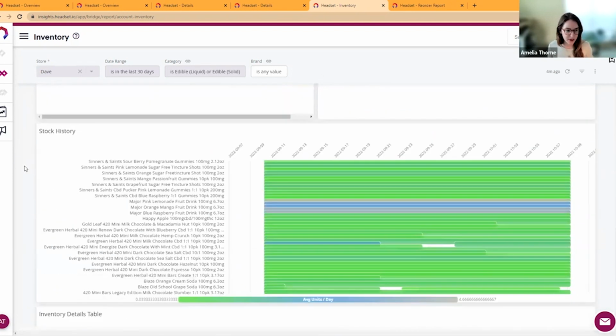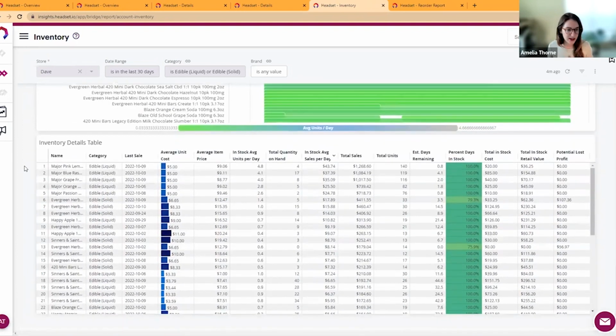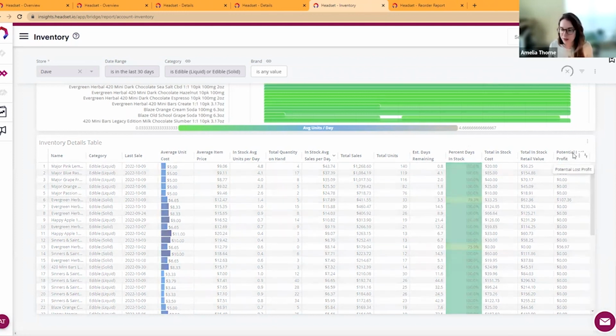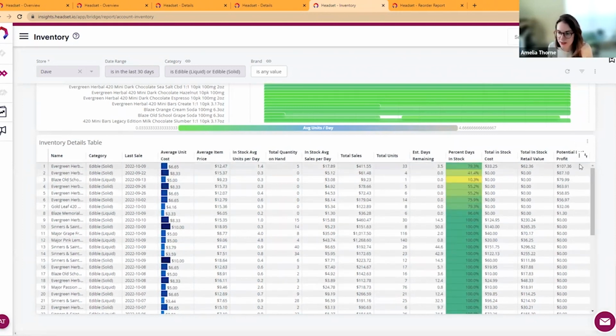Down here at the very bottom is our inventory details table. So this is another really awesome table. One thing that I suggest doing right away when we get to this inventory detail is changing this potential lost profit, clicking on the column header to sort it from highest to lowest amount. When we click on potential lost profit, it's going to organize it from highest total potential lost profit to lowest.